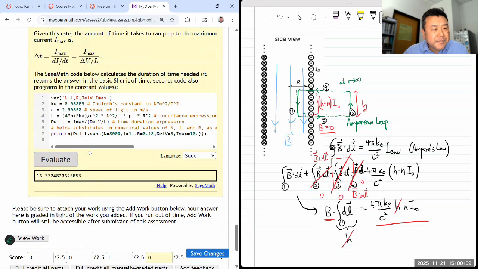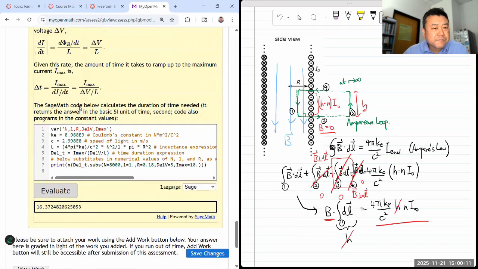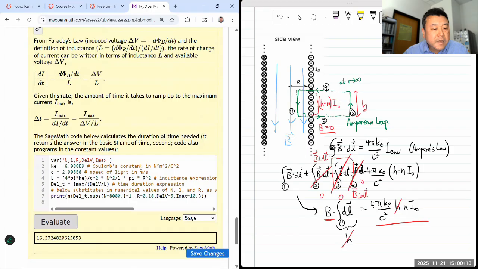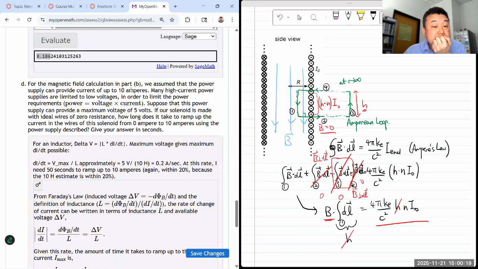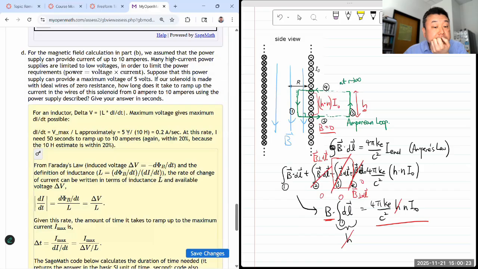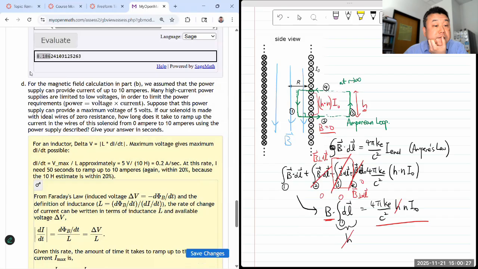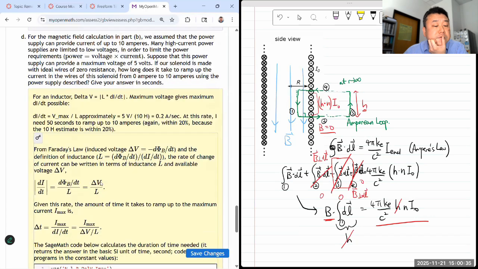What mistake did I make? That's not within 20%. So 10 amperes, 5 volts. 5 volts divided by 10, 0.2.